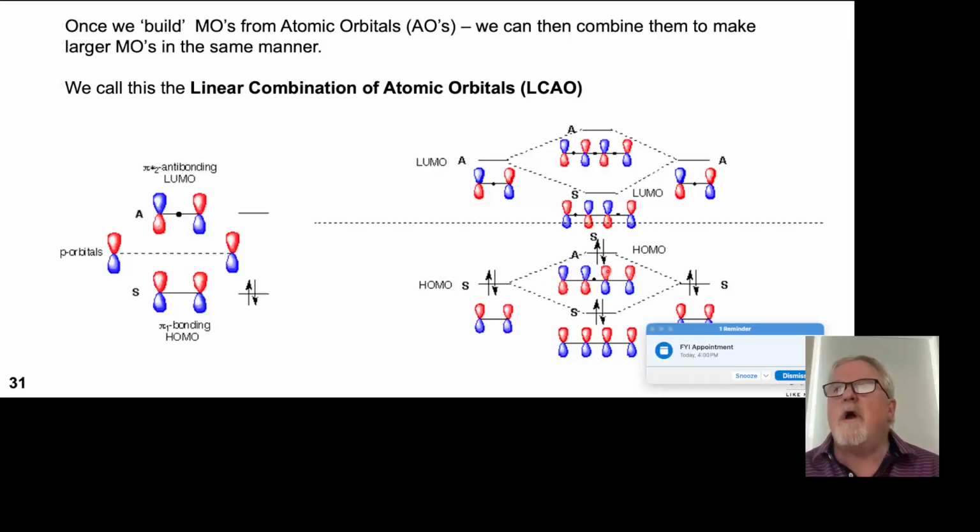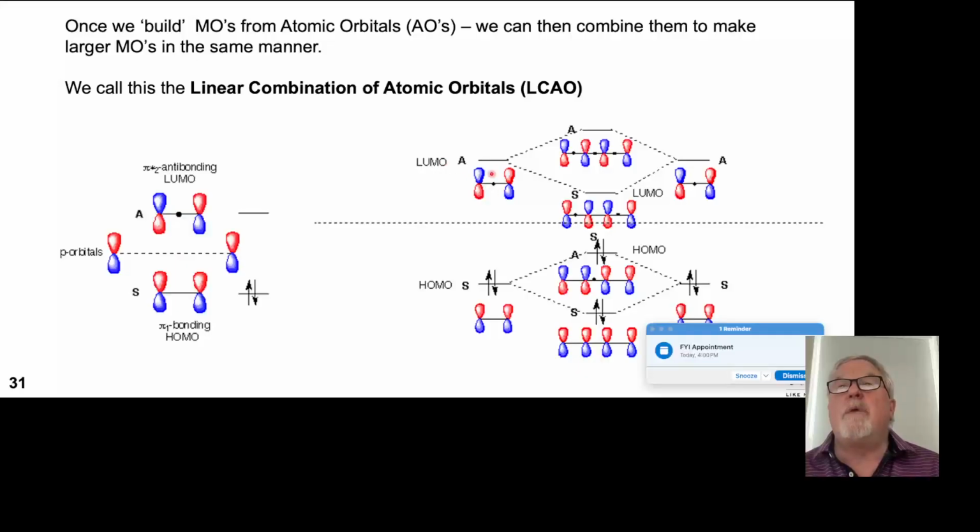The next two have a change of phase as we go from one to the other, so they're interacting in an anti-bonding fashion. And then the last two are also interacting in a bonding fashion. So if you think about it, we have two bonding interactions and one anti-bonding interaction. So this is an overall bonding molecular orbital.